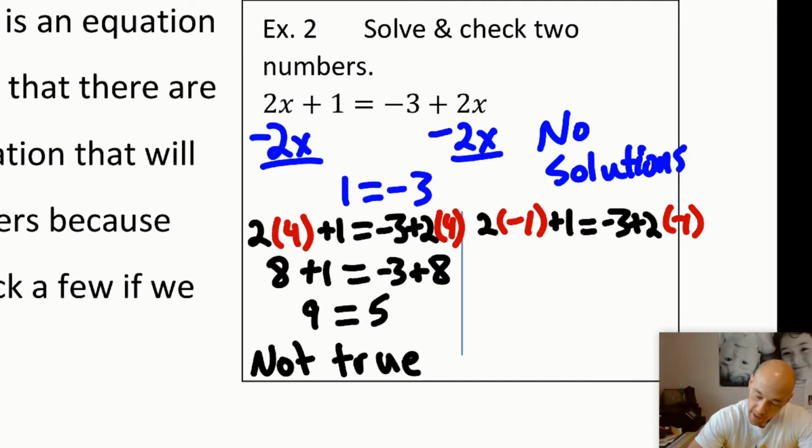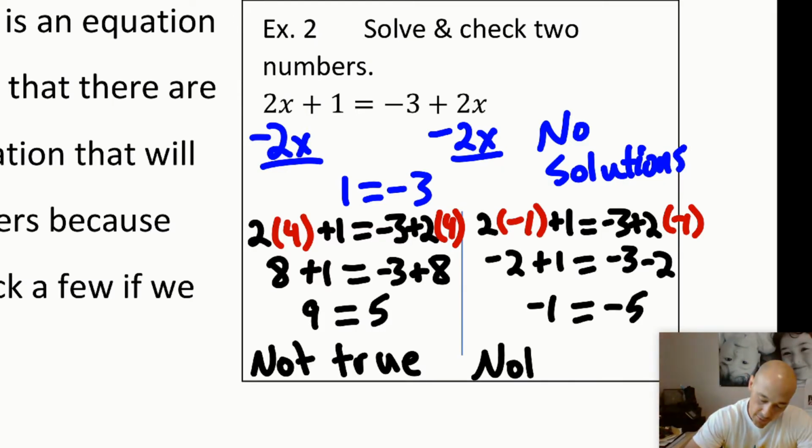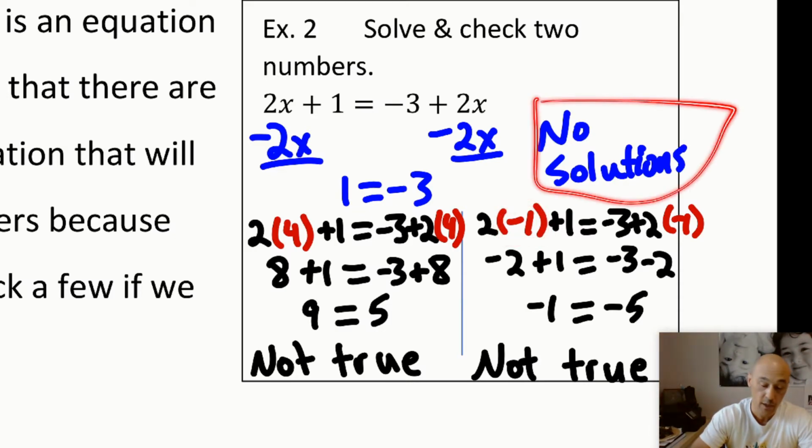All right, 2 times negative 1 is negative 2, plus 1 is negative 1 on the left, and on the right, negative 3 minus 2 is negative 5. Not true. So negative 1 is also not a solution. And that's good because we said there were no solutions.